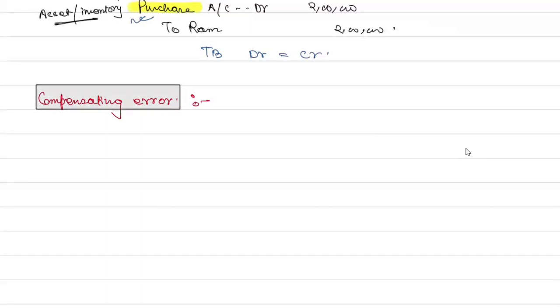This is what: an error is compensated by another error. That means one mistake is hidden by another mistake.